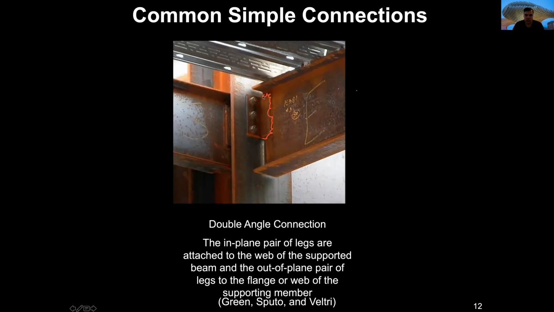And from the shop, you have this piece already welded there with the holes, and at the moment they are building, they put the bolts, and that becomes an element. This is called a double angle connection because probably you have an angle inside, A, and one angle there at the back inside, B. And this is an angle that is like an L element.